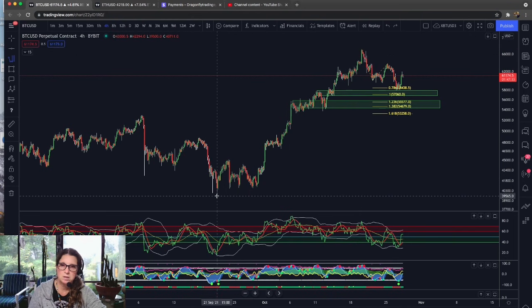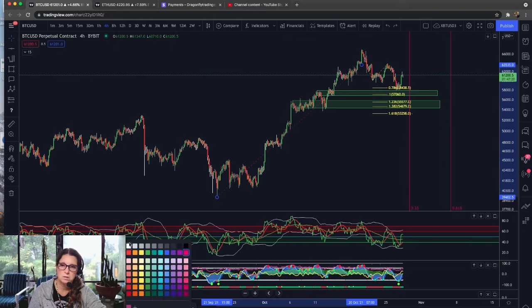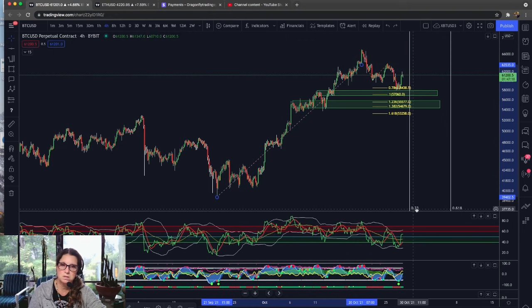And when you pull a time fib on it, and let me change that to white so you can see it, this 0.33 is the minimum requirement that a 4th should hit, meaning that it should take at least this amount of time. And we should be coming down into it.